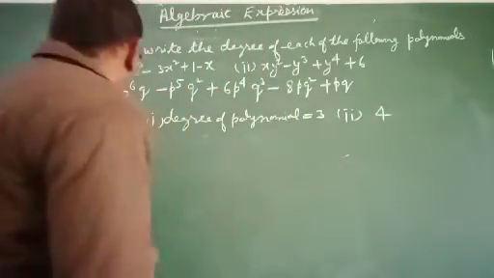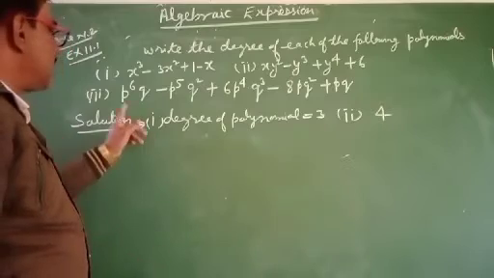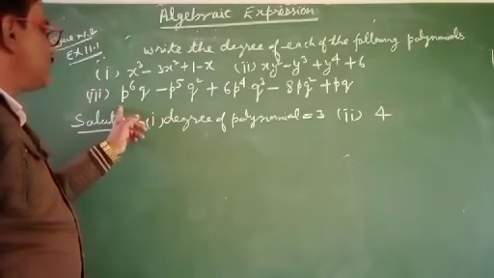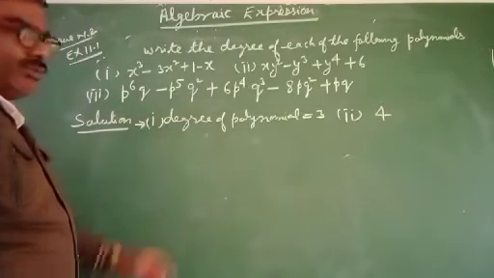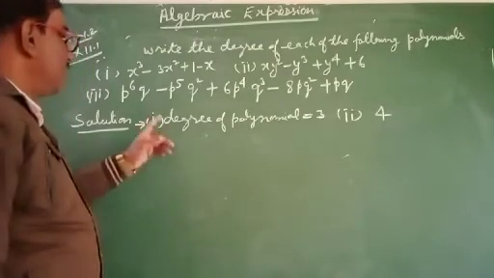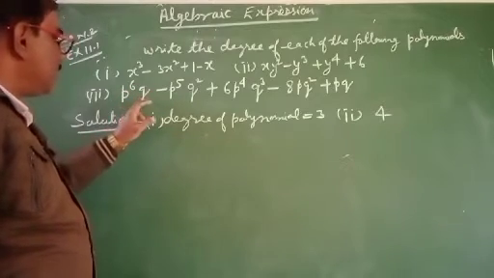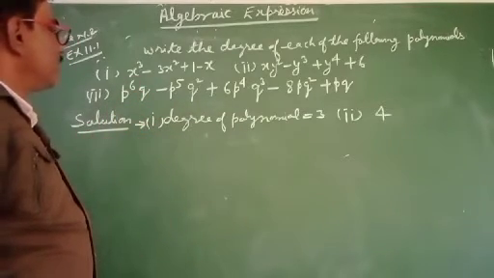Now in the third polynomial, we see that the variables are p and q, and we take the sum of the powers of the two variables. Here the sum of the powers of these two variables is 7.